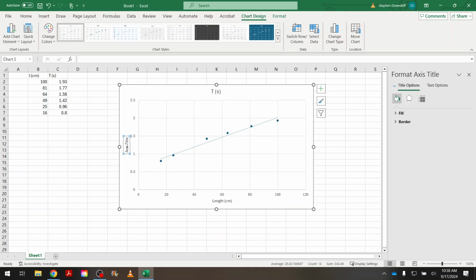This one over here is period in seconds. The title of this graph is period versus length for a pendulum. And now we've got our graph.